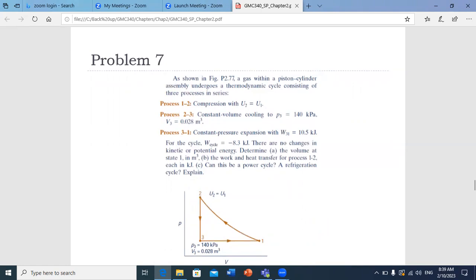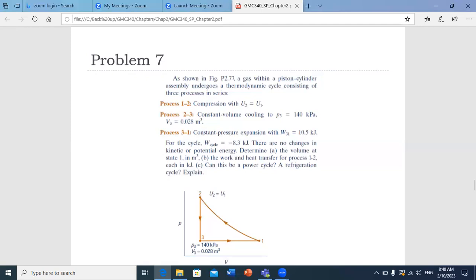And in process from 3 to 1, we have a constant pressure expansion with W31 equals 10.5 kilojoule. For the cycle, we have that W cycle is minus 3.8 kilojoule, and there are no changes in kinetic or potential energy. We want to determine the volume at state 1, the work and heat transfer for process 1-2 in kilojoule, and we want to determine if this cycle is a power cycle or a refrigeration cycle with explanation.